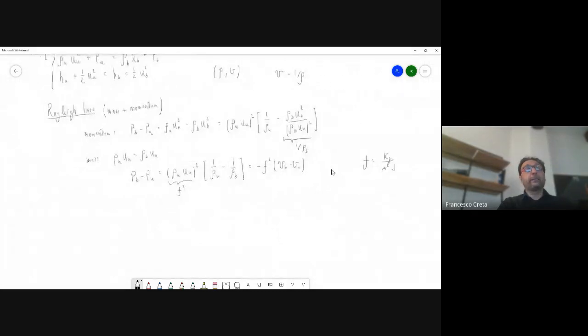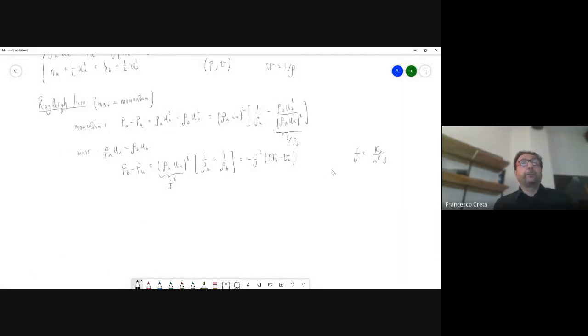Now, this is the important step that will define our plane PV. I said at the beginning we're going to use PV. In fact, it's much better if we use non-dimensional quantities. So I'm going to define these two non-dimensional variables.